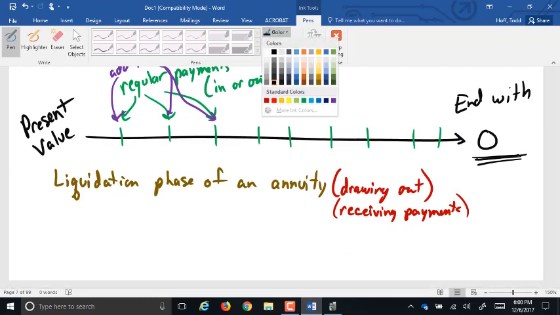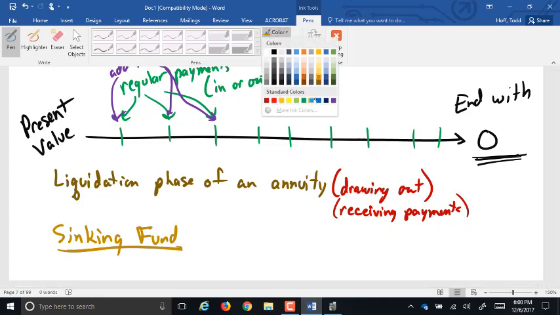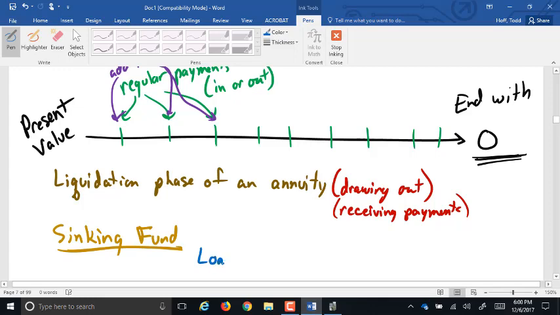Or the other possibility here is this could be what's called a sinking fund. Sinking fund is a fancy word for something that pretty much all of you have probably experienced. It's a loan.